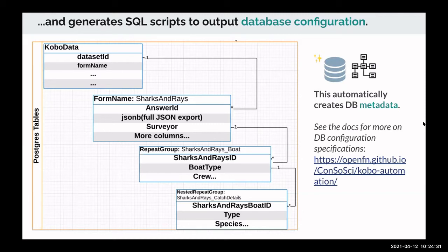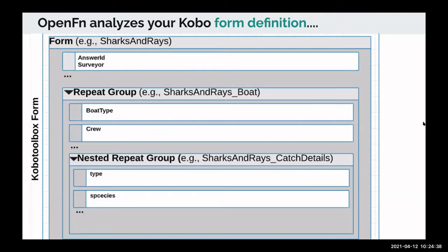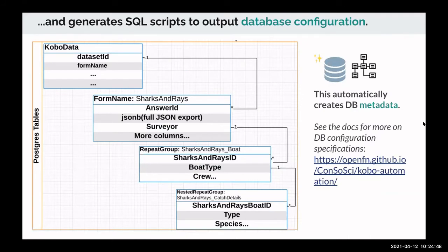So in the documentation, there's a lot more details on what that standard convention is, but no matter what your form looks like, you might have no groups, you might have many groups, you might have nested groups of questions, OpenFunction will do that analysis and then generate a corresponding data model.